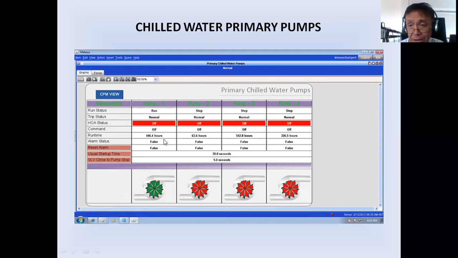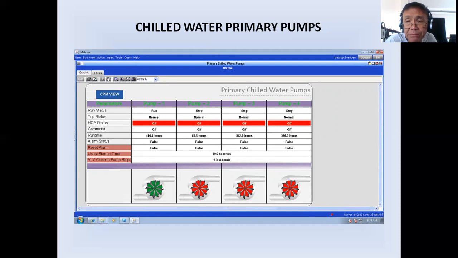Then runtime is also displayed here. Then alarm status and reset alarm. There is a provision to reset the alarm if, let's say, one of the primary chilled water pumps trips. After rectifying the problem, then you can reset the alarm. Then the start-stop time.